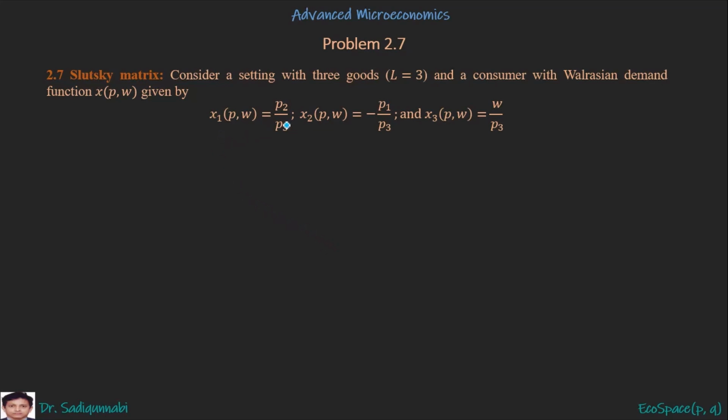That means X1 is the ratio of P2 and P3. X2 is the negative ratio of P1 and P3, and X3 is the ratio of W to P3. So these are the Walrasian demands for 3 goods. L equals 3.